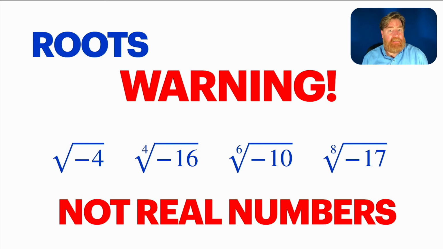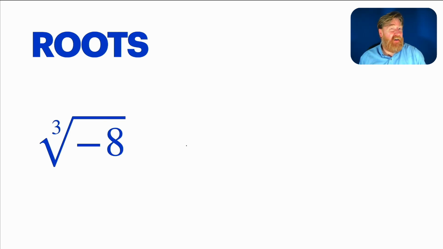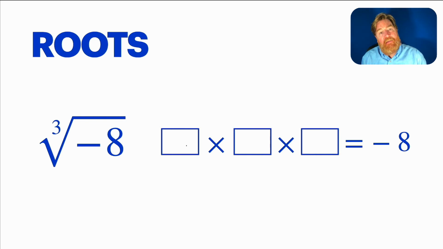Just in contrast, if you have an odd root with a negative under there, we're actually fine. So the cube root of -8, remember what we're looking at. We're looking at the number that you cube, or multiply by itself 3 times, to get -8.